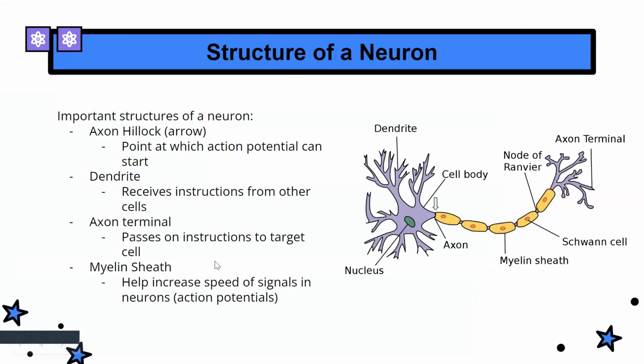The reason it stops the action potential from going backwards is, if we imagine that this part of the neuron is at the moment undergoing depolarization, the part before it will be undergoing repolarization. So the sodium channels that are open in this part won't trigger an action potential in the part behind it, because that part is in an inactive state. This makes sure that action potentials are continuously moving downwards.